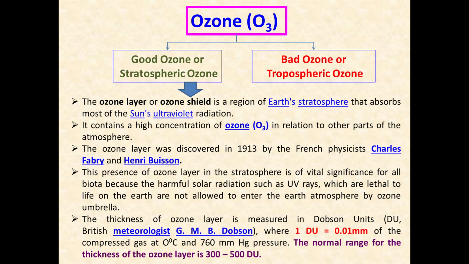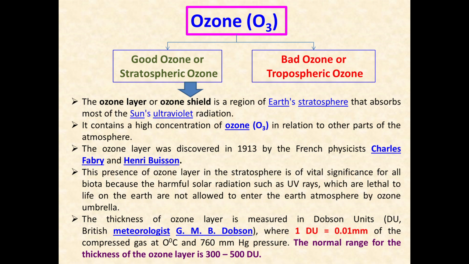Next, the thickness of the ozone layer is measured in Dobson units. Why is it called a Dobson unit? Because this thickness was first discovered by the meteorologist G. M. B. Dobson.